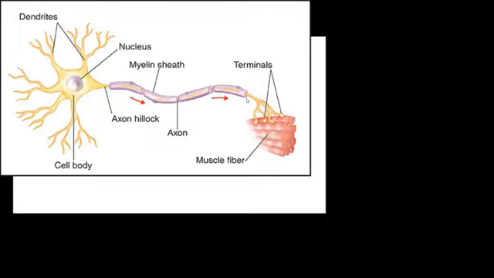We typically think of signals being something that's excitatory only, where when the dendrites of a neuron are signaled, it's going to lead that whole neuron to fire, to send along a signal. But that's not always the case. There are those inhibitory signals that will make it less likely for a neuron to fire.